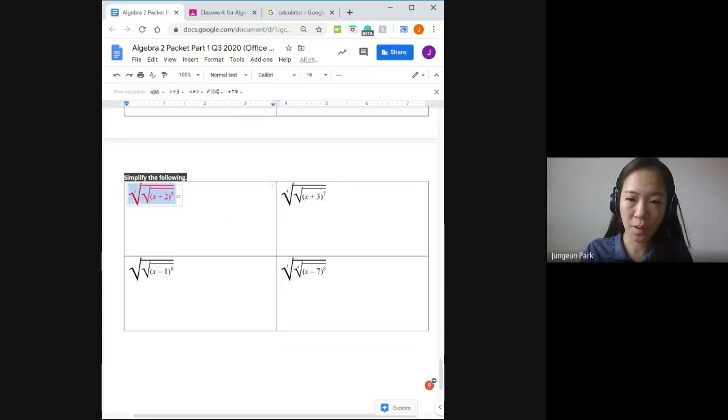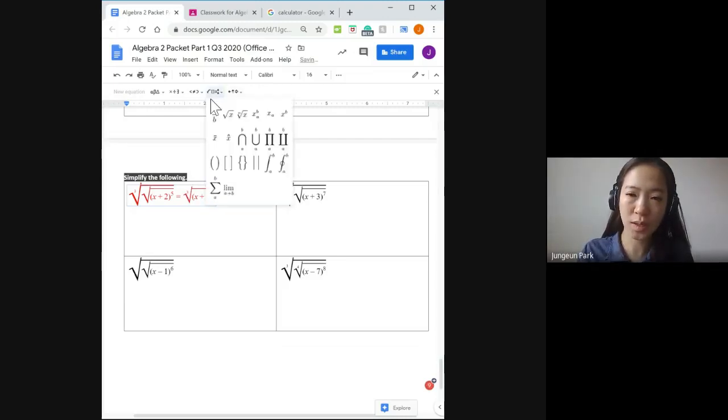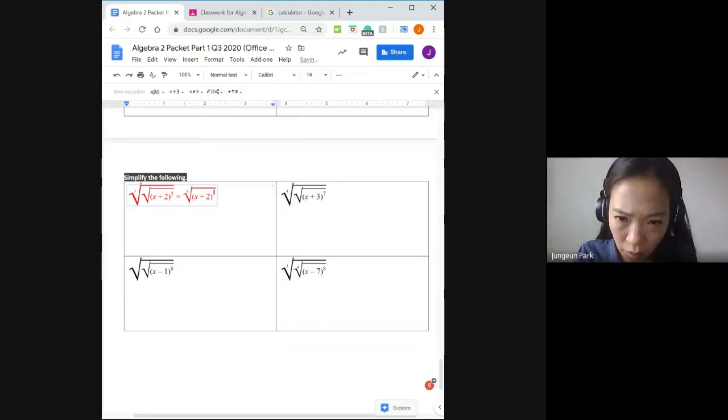So let me just copy and paste here. I just wanted to change the inside, so I'm just going to erase what's inside here, and then write that down again. So you said x plus 2 is the base, and now I'm going to put that as an exponent. No, I see 5.